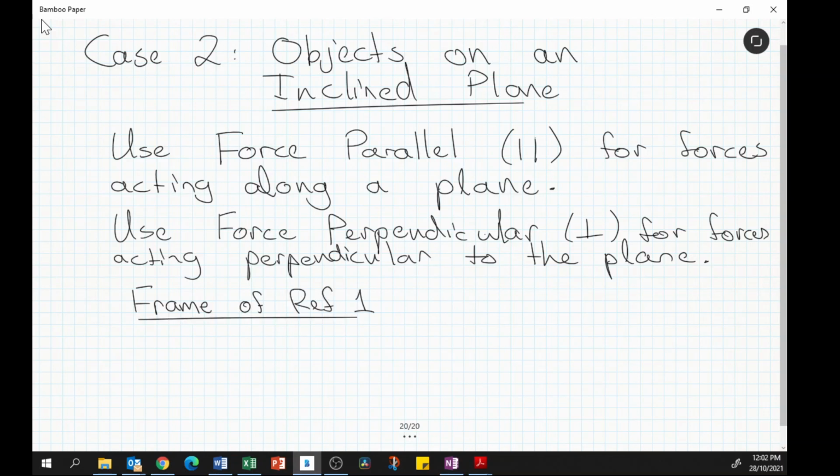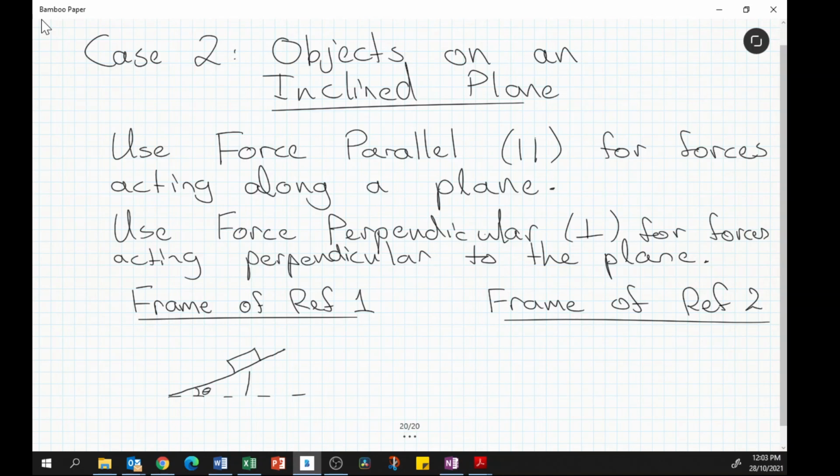All right, 2 frames of reference we can observe this situation from. Both are valuable. One tends to be more useful than the other in most common problems we will deal with. So frame of reference 1 is our usual horizontal vertical frame. We'll have some theta. We'll have some object.